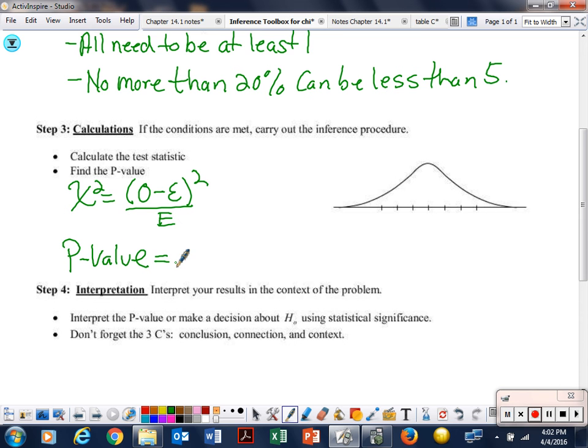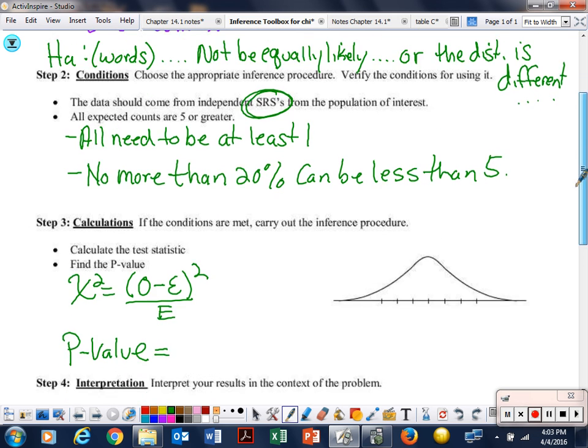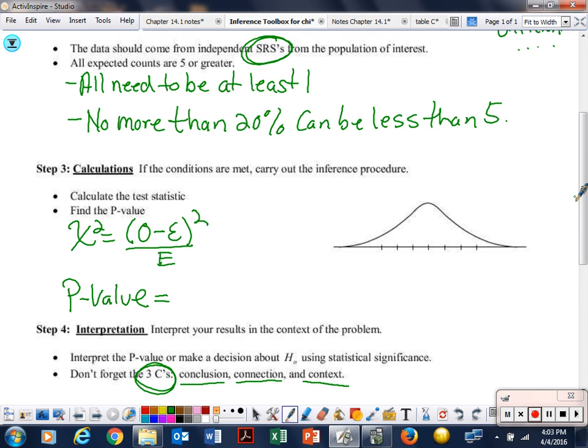And then our interpretation: interpret the p-value or make a decision on the hypothesis. Don't forget the 3 C's: conclusion, connection, and context. That part is not the same. So it's slightly different with the hypothesis, putting in the words, the conditions. These are the conditions for the chi-square, and then figuring out our calculations. We will continue with the examples in part 2.